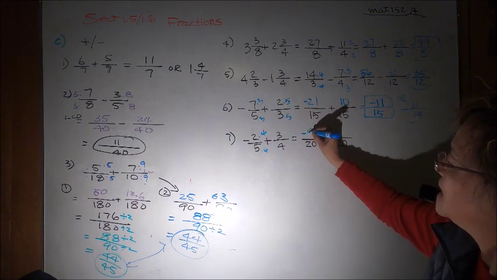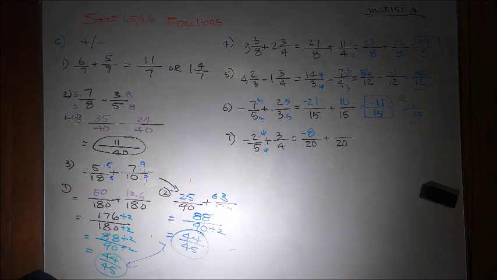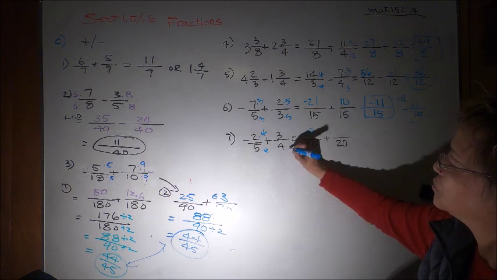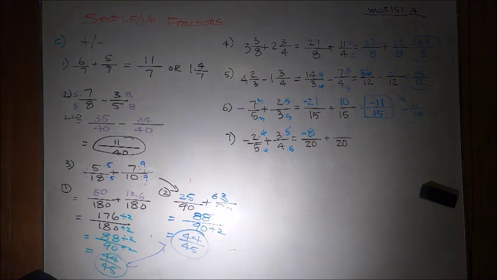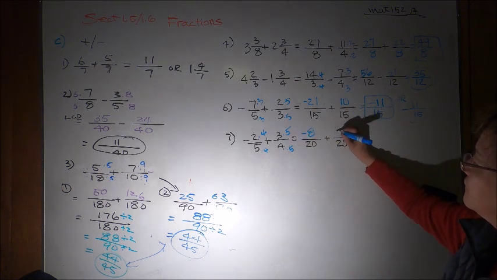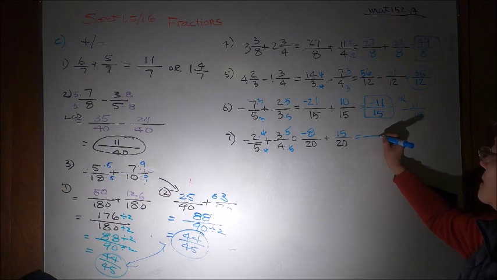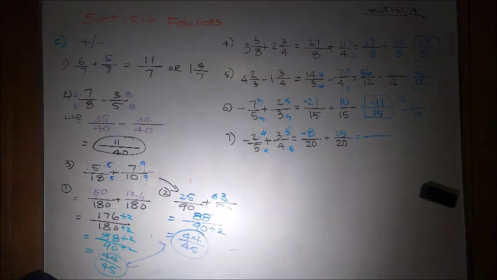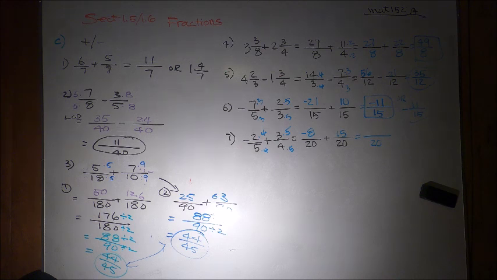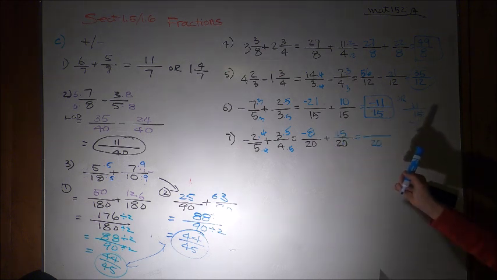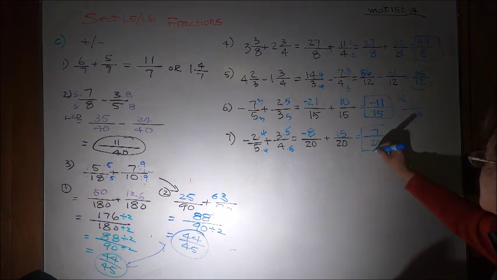That would be negative 8 here, right? Then 4 becomes 20, we times what? 5. Then top would be 3 times 5, would be 15. Then we combine the top. Keep the denominator the same, right? Negative 8 and 15, that would be 7.